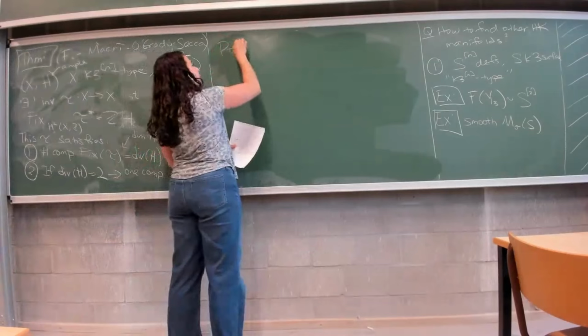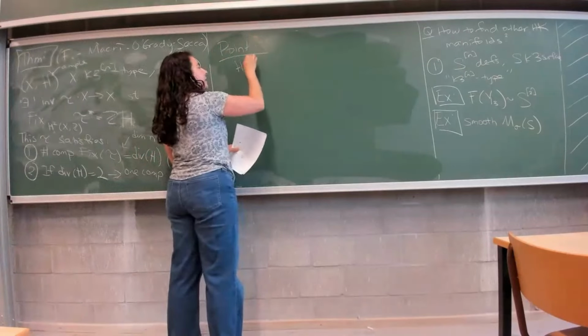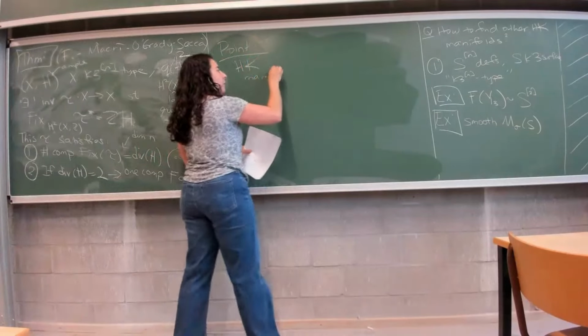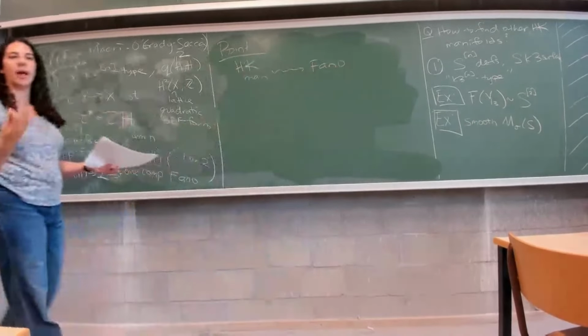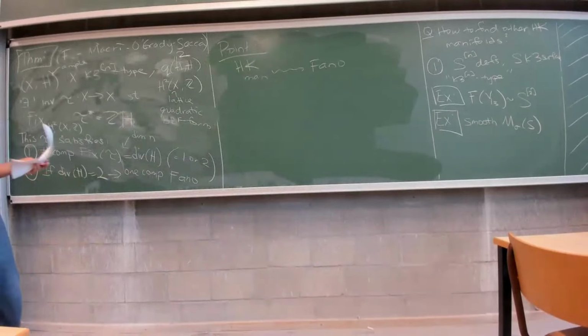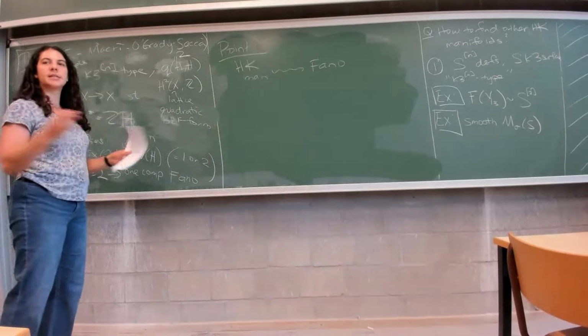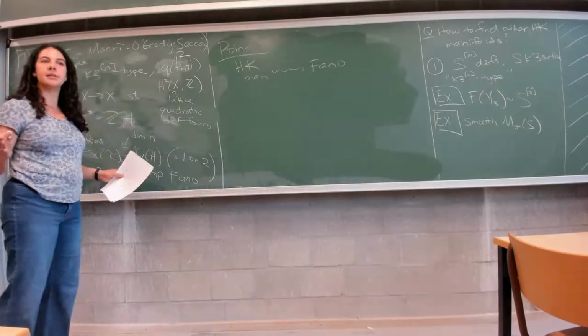Right, so maybe I'll just write on the board what I said in words, right? But the point is now we're starting with a hyperkähler manifold, and we can produce a Fano in some kind of canonical way, right? Not using any magic involving equations, but in some way that deforms in families.